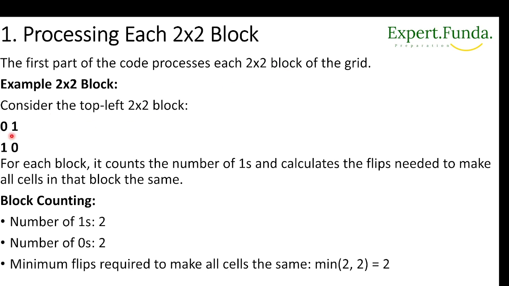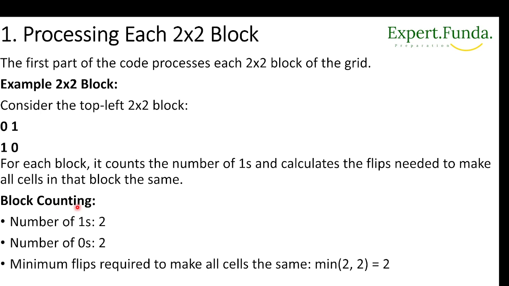Let's suppose for the example we have 0 and 1, 1 and 0. We consider the top left 2 cross 2 block first, and then go through all the blocks. For each block it counts the number of ones and calculates the flips needed to make all cells in the block the same.